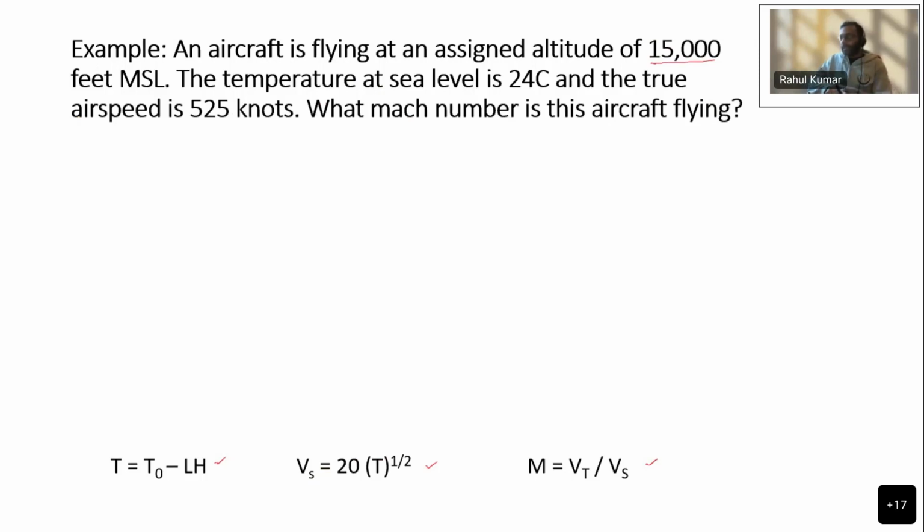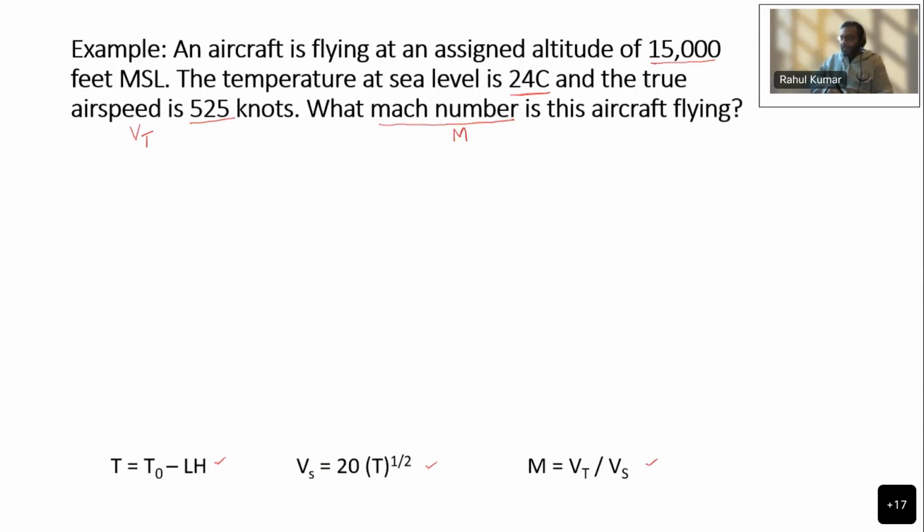The temperature at sea level is 24 degrees centigrade and the true speed Vt is 525 knots. We have to calculate the Mach number M for the aircraft.